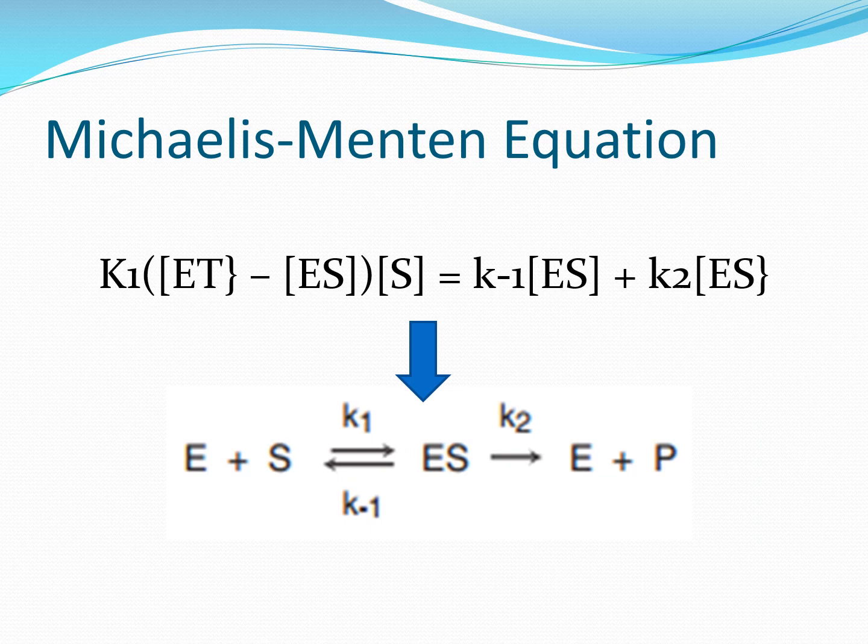Such that when we derive this, your K1, your enzyme and substrate, and K1 rate constants and enzyme substrate complex would arrive you to the Michaelis-Menten equation that we know in our textbooks.